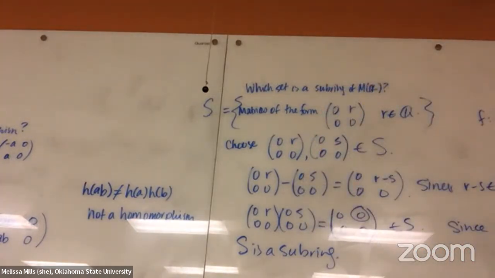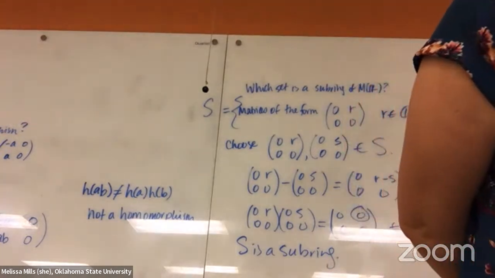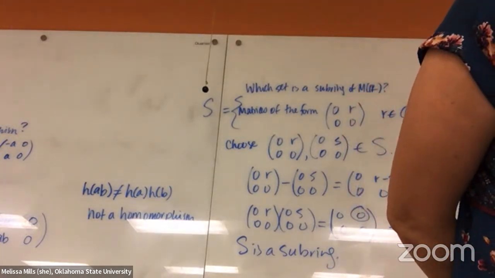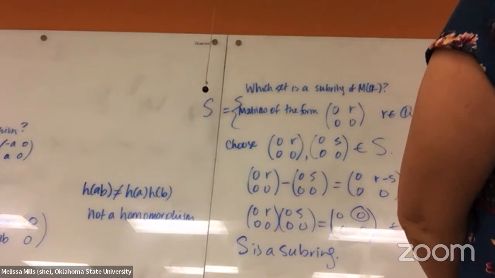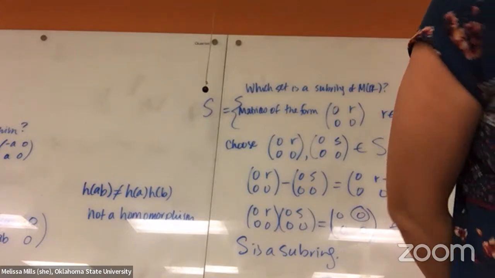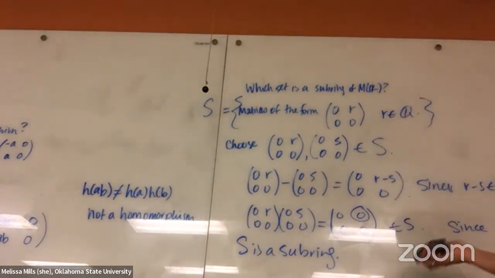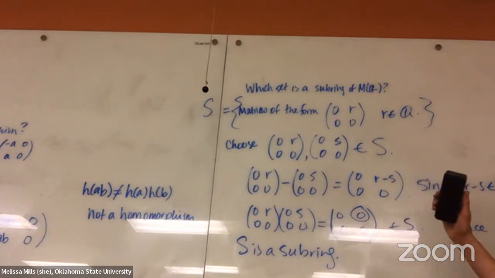All right, there's another one on here. I'm trying to pick one that's interesting. Does this one have a multiplicative identity? It can't, because every time you multiply things, you just get 0, so you can't multiply by something and get that element back.